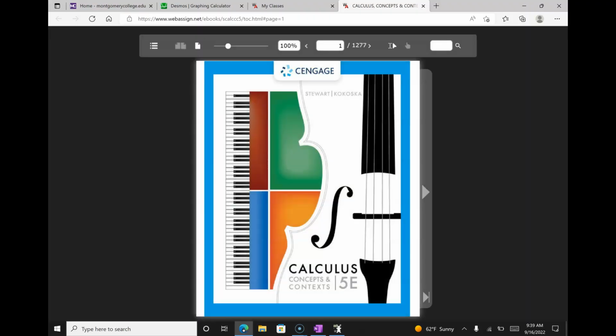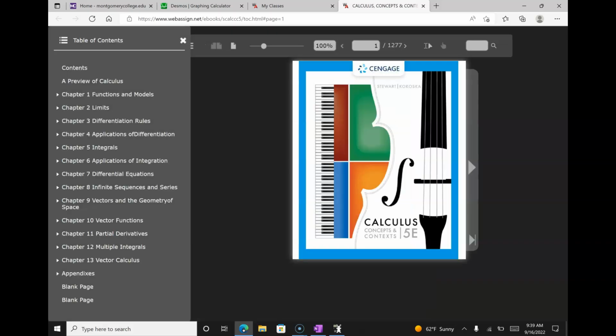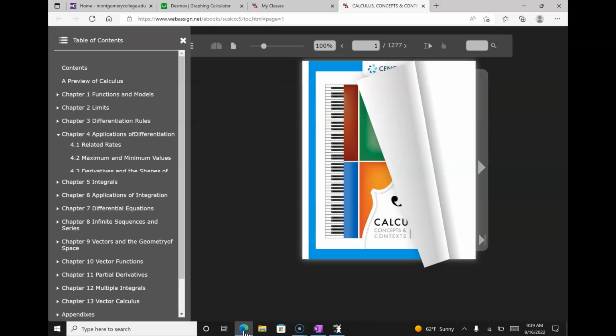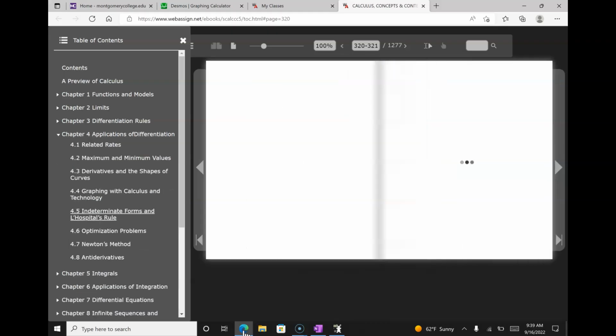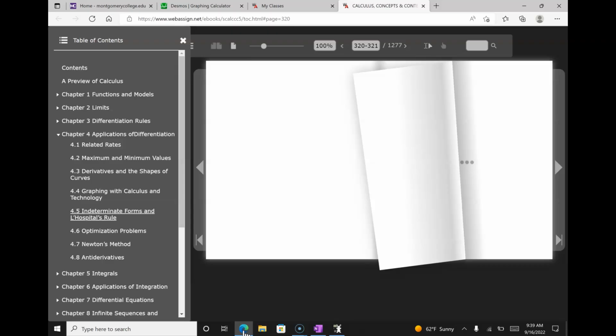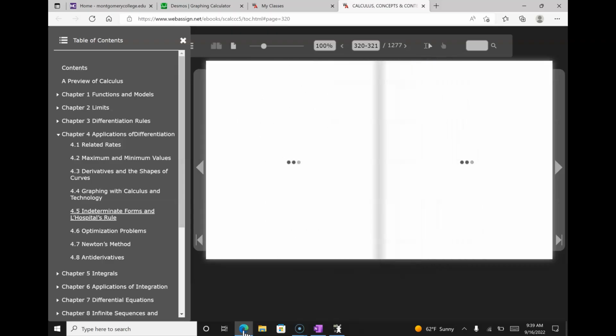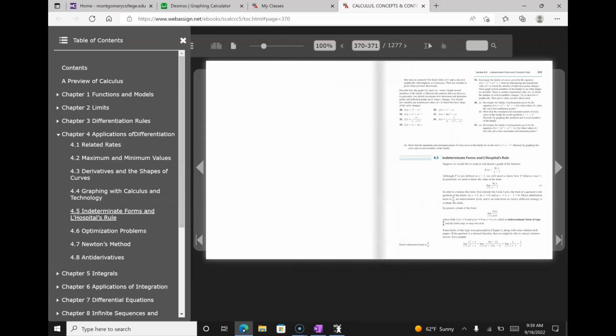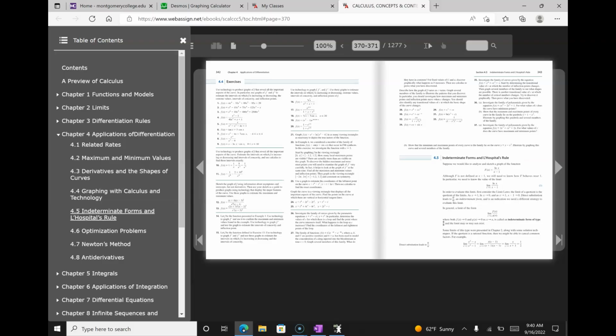I want to look at the book. So when you open the book like this, in the top left corner is the index, right? And then I'm opening up chapter 4, and there's indeterminate forms and L'Hopital's rule. You'll visit this again in Calc 2, okay? We have 0 over 0 we're dealing with this semester. Infinity over infinity, we also use L'Hopital's.